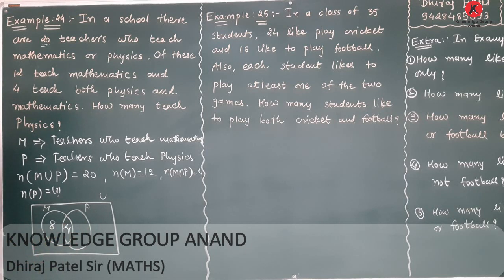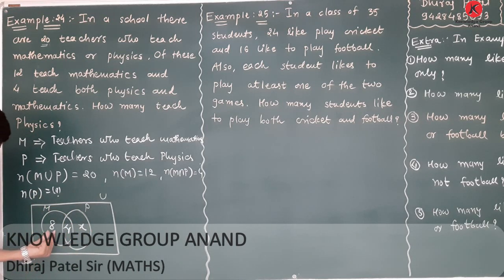Now you don't know the total number of elements in physics, so you can't put any number here. Therefore, assume this one is x, meaning unknown; this is a variable. Now solve this question by use of the data. We know that the total elements in M union P equal 20, and M union P means this portion.